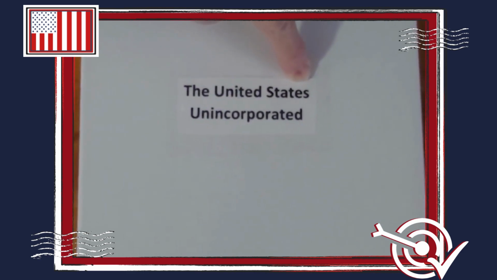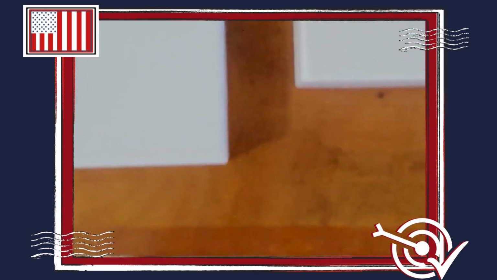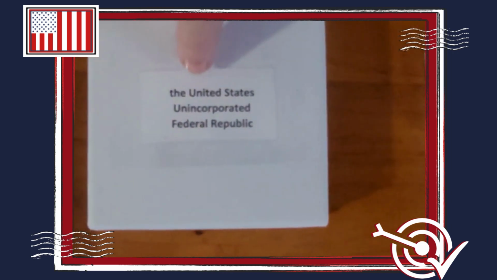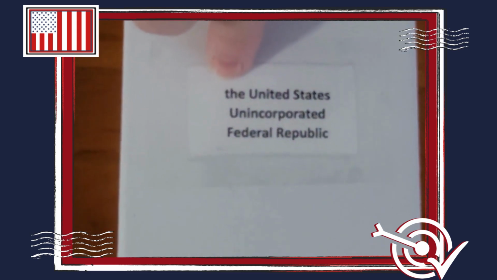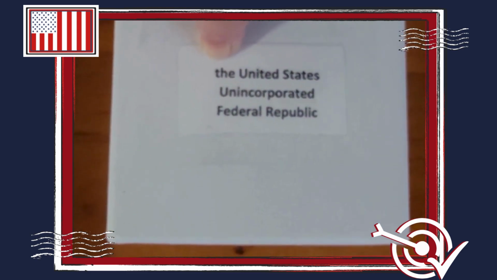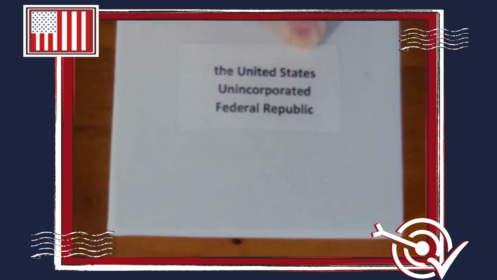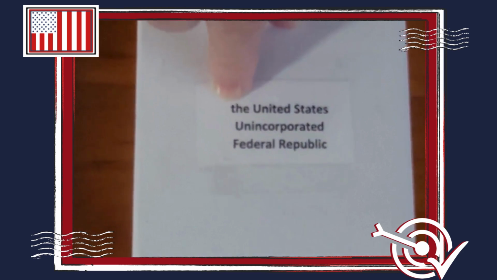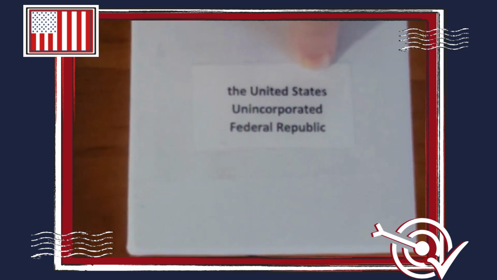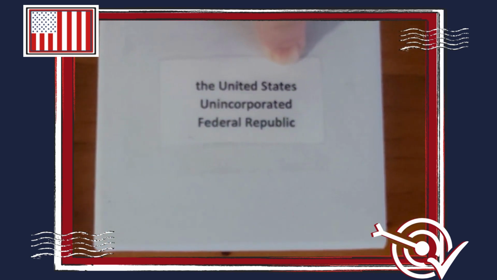The Federal Republic can only be recognized by the fact, number one, that the is not included as part of the name, and it's a small t, and the context.